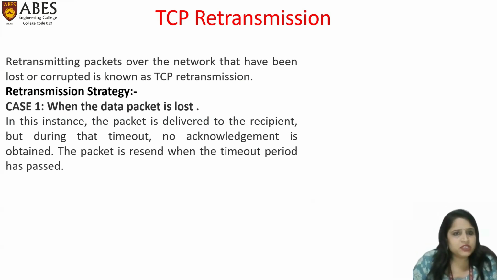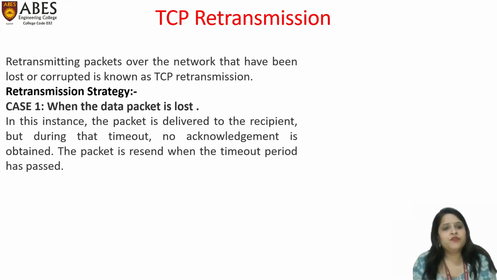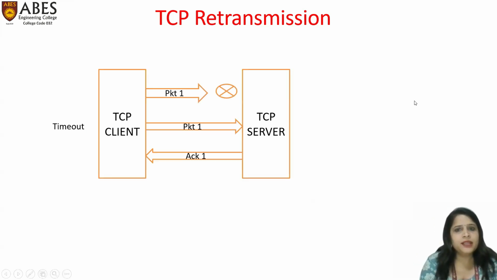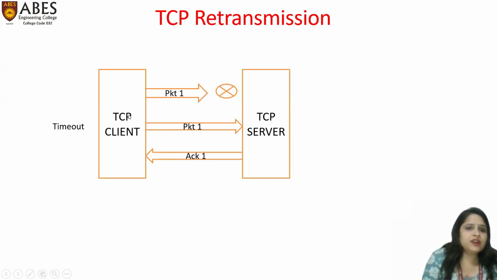First, we'll discuss case one. Case one is when the data packet is lost. To understand case one, let us suppose we have a client A and a server B. Client A sends packet 1 to the server, but due to some reason, maybe packet 1 is lost.